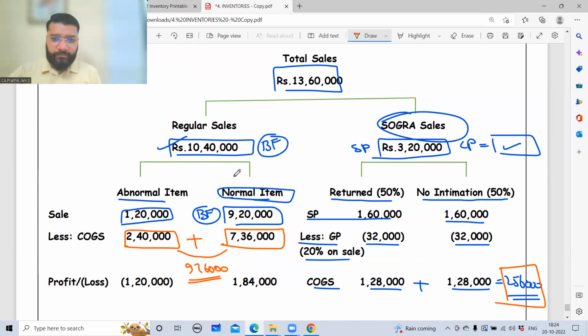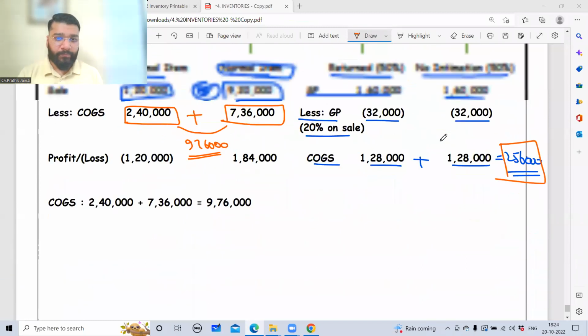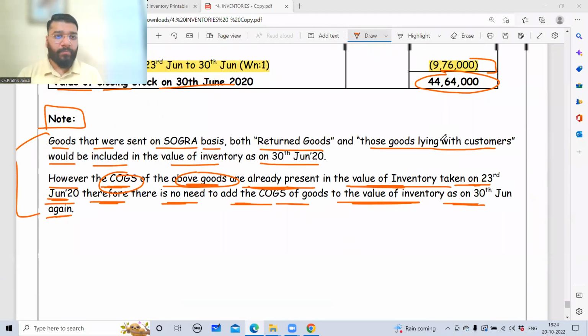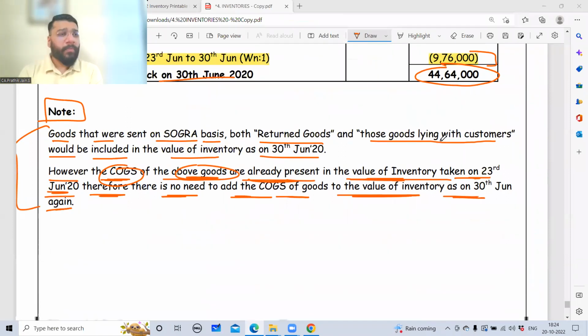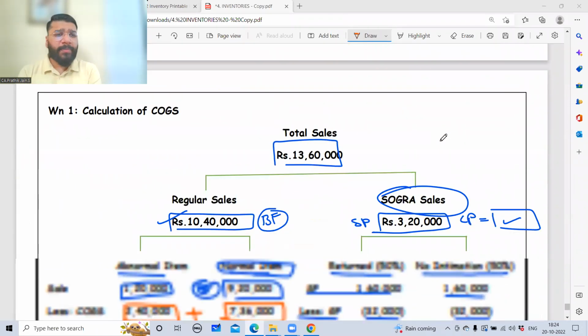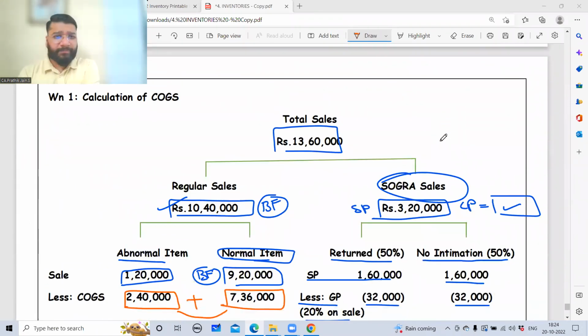Anyway, the soft copy is there with all of you, so you don't have to panic.